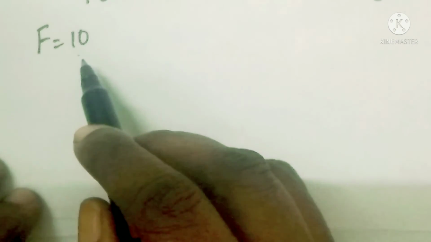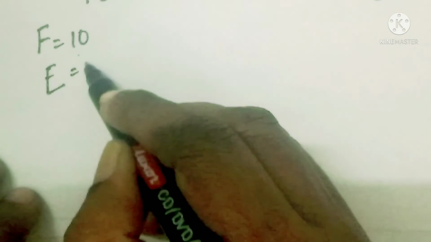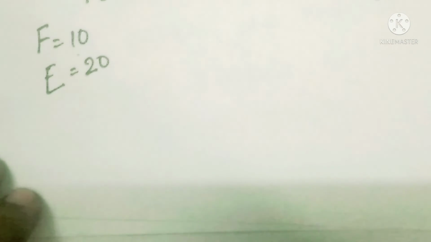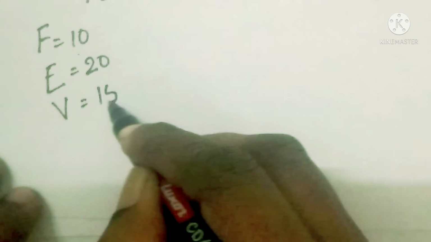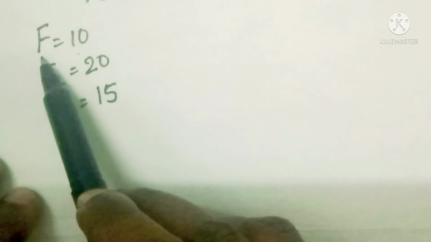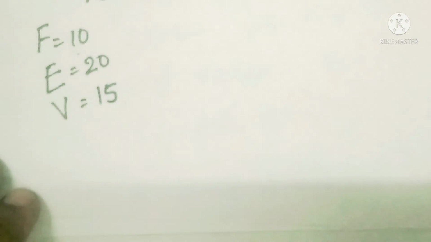So F is equal to 10. Then 20 edges. So E is equal to 20. And 15 vertices. So V is equal to 15. So the question is, can you have a polyhedron with 10 faces, 20 edges and 15 vertices?